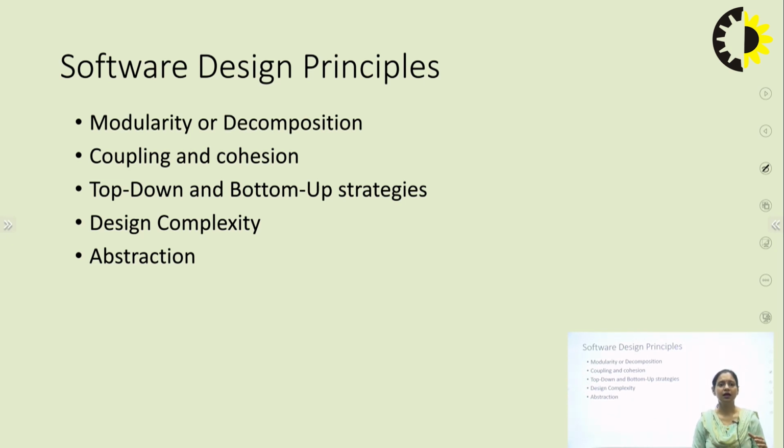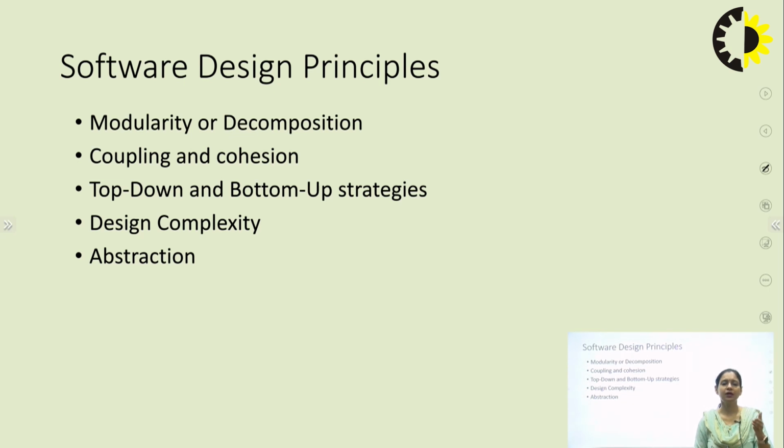Since a big software cannot be developed as a whole, we divide it into different modules or sections, so that each can work independently in itself, and when we combine all those modules, they are interrelated as well, and they all become a single software.